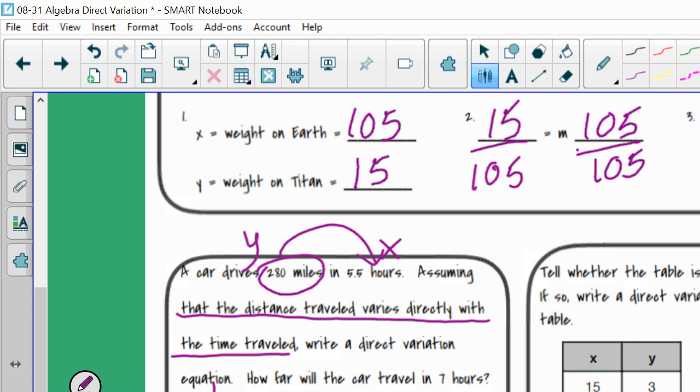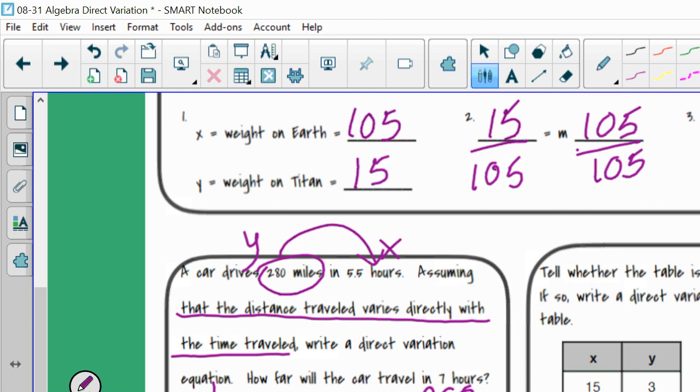So I need to do what? What is the Y? 280 over 5.5. And I get a really ugly number. 50.9091. 50.9. We're going to round it. So Y equals 50.9X.